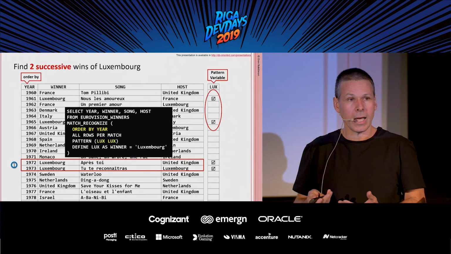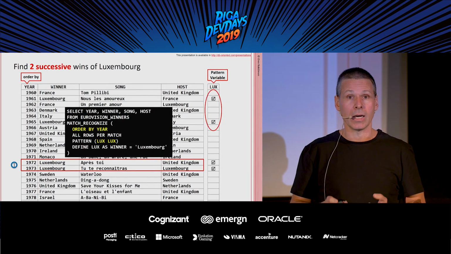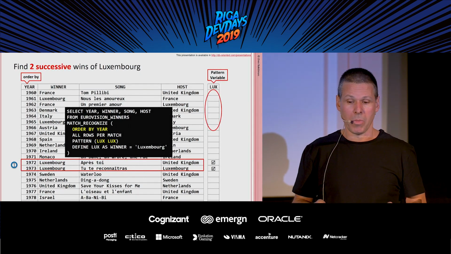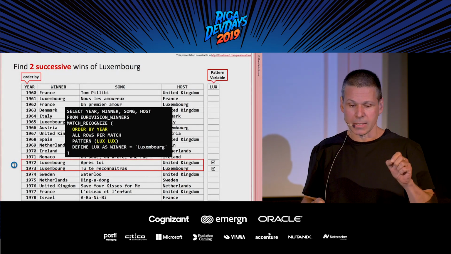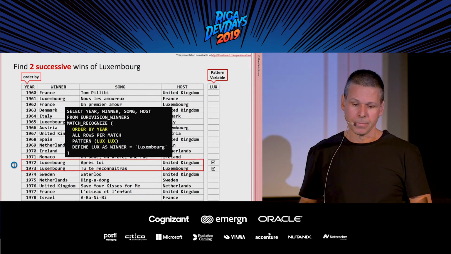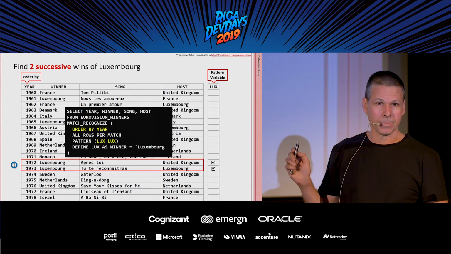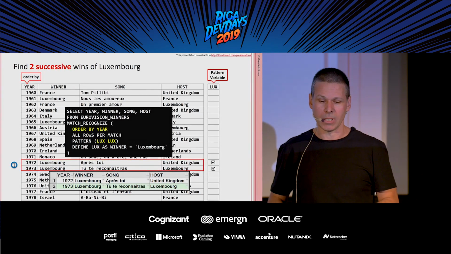They cannot be Lux because the pattern requires two successive Lux records. So they are not Lux and they actually have never been Lux. The marking, the classifying is done when the match is found. Okay? Now, this is the result.